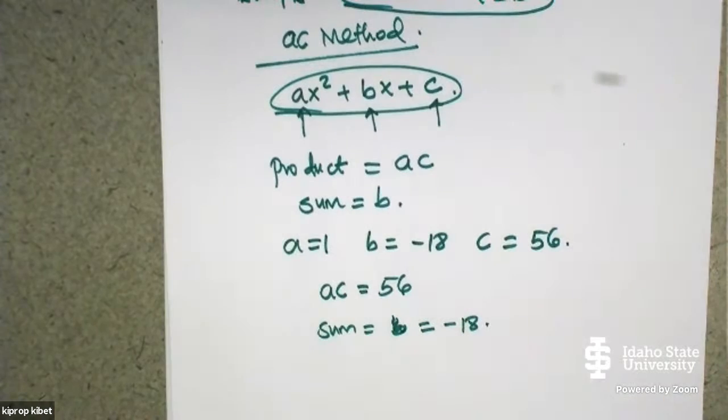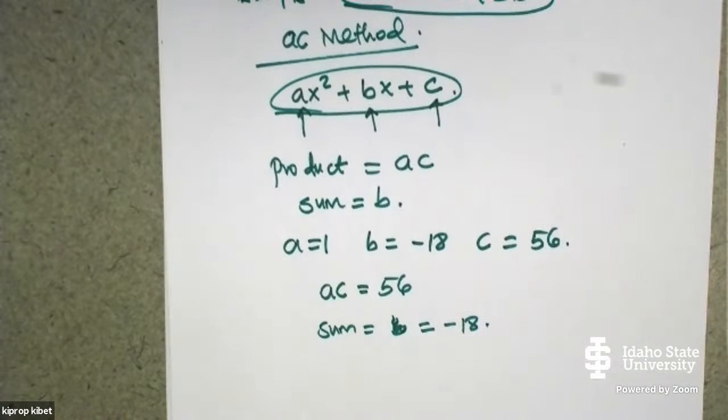So what are the two numbers in which the product is 56 and the sum is negative 18? Again, we look for the factors of 56.